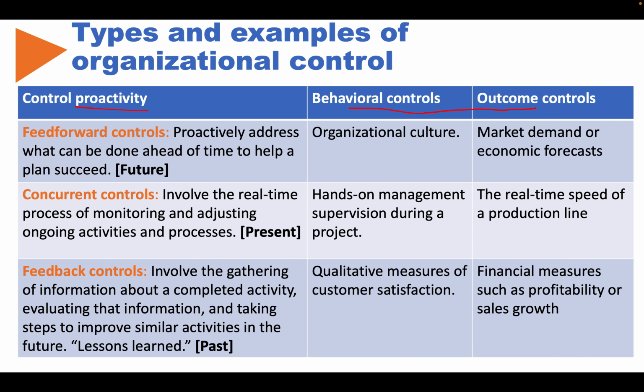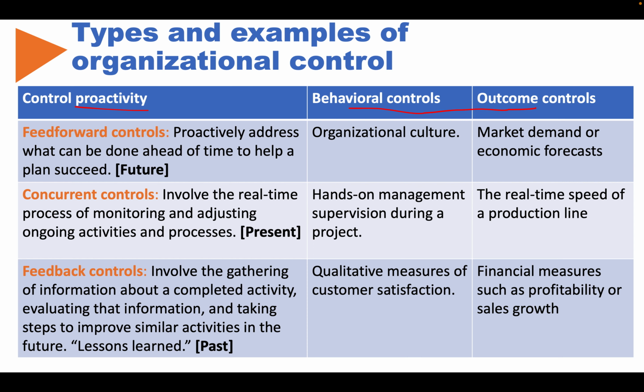This, of course, is the least proactive of the controls that we have, and it's merely a reaction to what has already happened. Feedback controls let our leaders use information from our past performances to better plan for future performances, and we call this lessons learned activity in organizations.